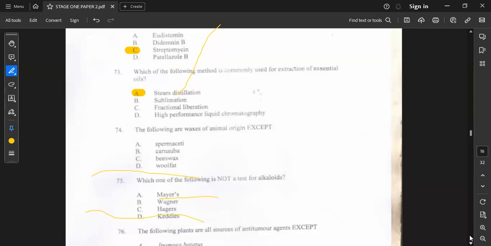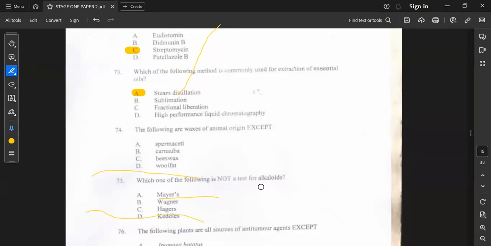It's because it is a natural wax. It comes from the leaves of the palm tree. Okay. We said spermaceti is from the whales, right? Yeah, I think so. I'm not sure. Palm tree. Okay, next.